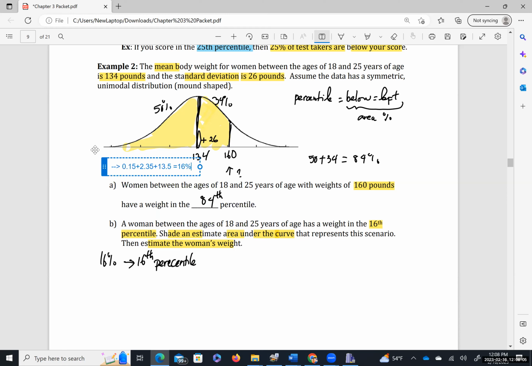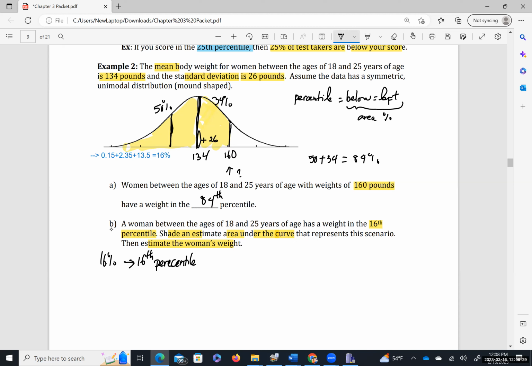So I need to shade the area from all the way to the left to the mean minus one standard deviation.